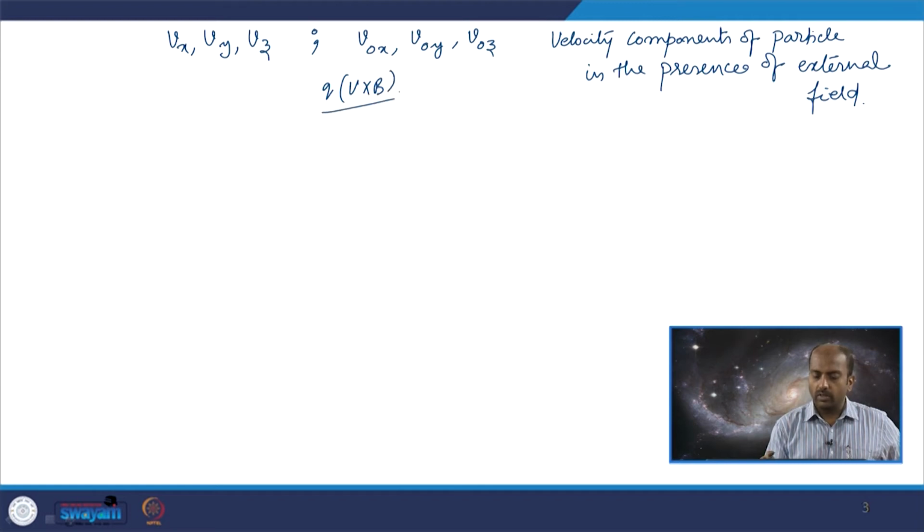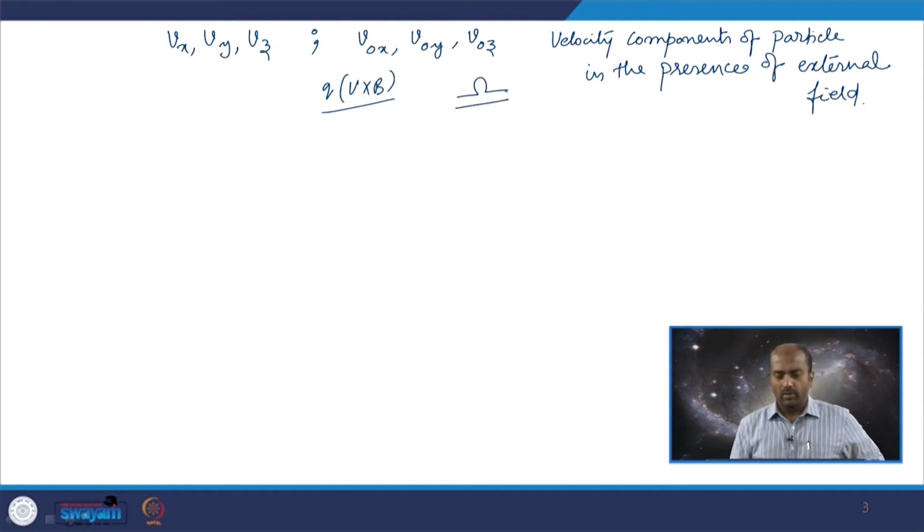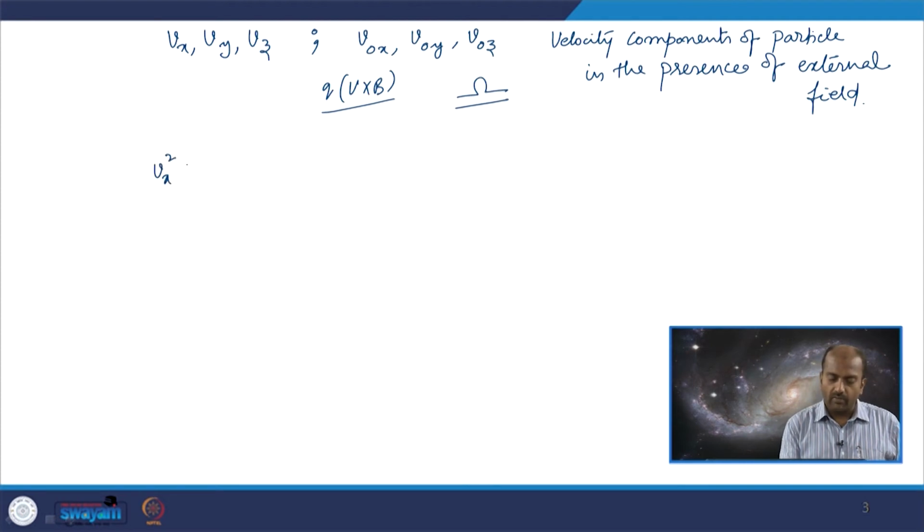That is very important. How is the magnetic field coming into the picture? It is coming into the picture by the omega, which is QB by m. Now, let us try to understand how these three velocity components can be combined for a physical interpretation of the result. Okay. Let us square and add Vx, Vy and Vz.